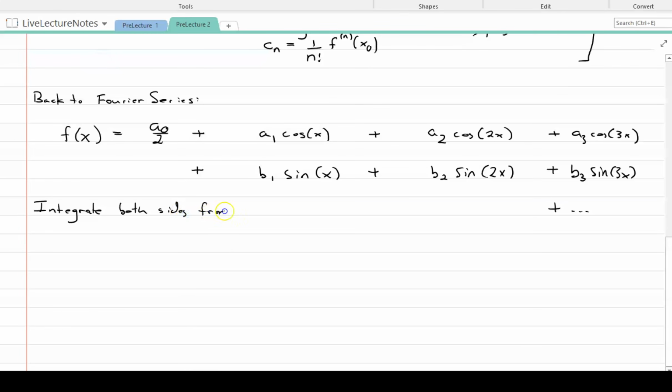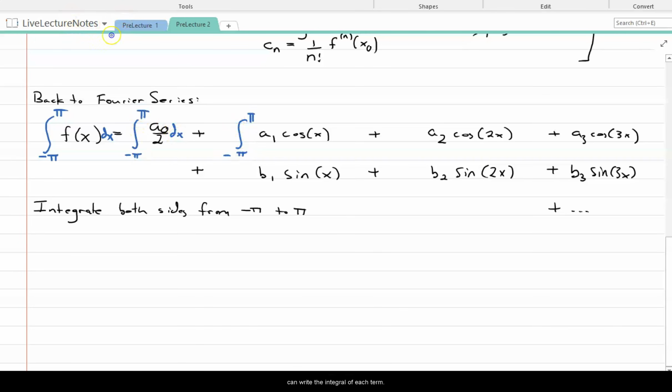From minus pi to pi. So I'm going to slap integral signs in front of every term here. Maybe I'll use a different color. Integrate this side from minus pi to pi dx. And I have to do that to every single term here, minus pi to pi dx. The integral is a linear operation, so the integral of the sum is the sum of the integrals, right?